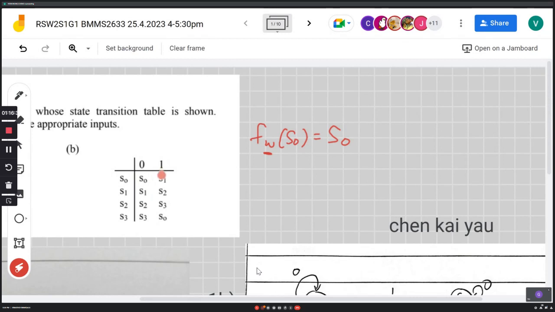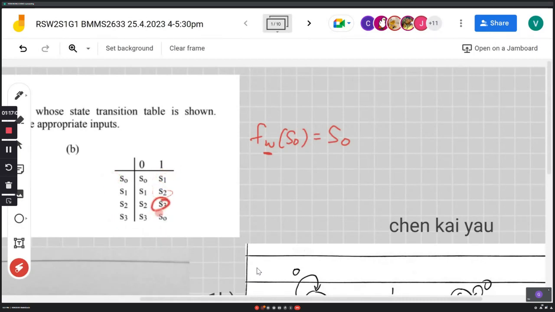But if I come here, then my input 1 will be affected already. So from here, I need to have the first 1 to come to S1, the second 1 to come to S2, the third 1 to come to S3, and the fourth 1 I will come to S0. So when I come to S0, I will come back here again and repeat the same thing.